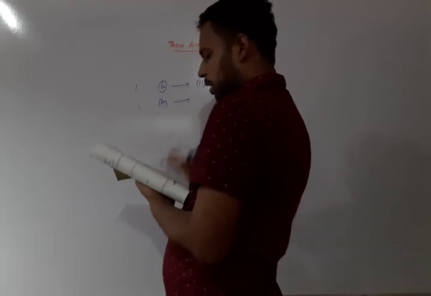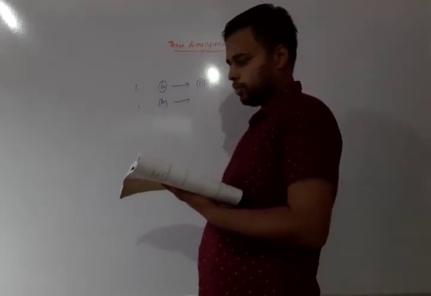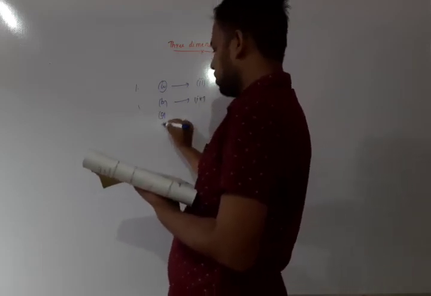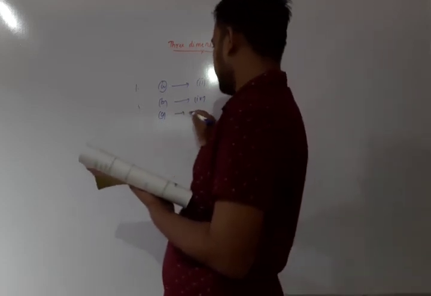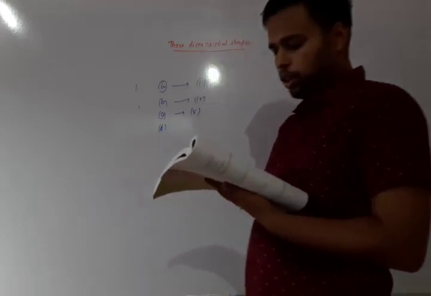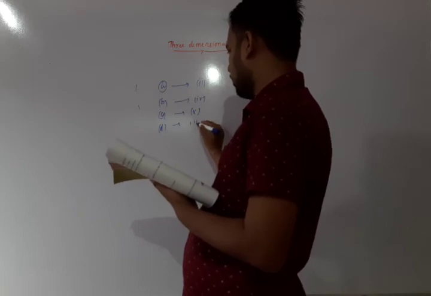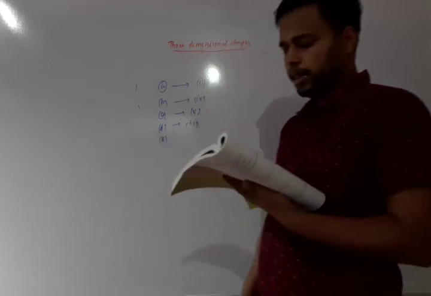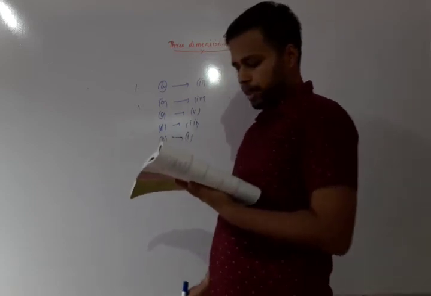B is a sphere, the fourth figure is a sphere. C, cylinder: the fifth figure is cylinder. Next D, cuboid: the third figure is cuboid. And next is E, pyramid: that is the first figure, a pyramid.